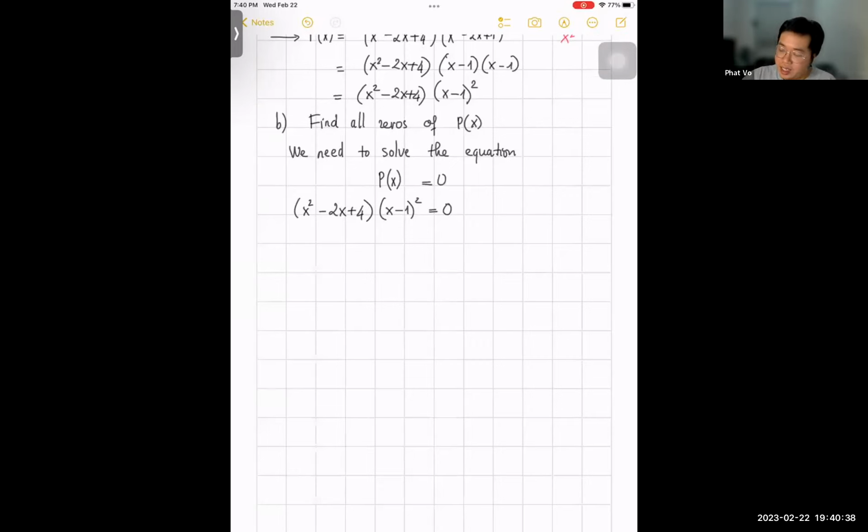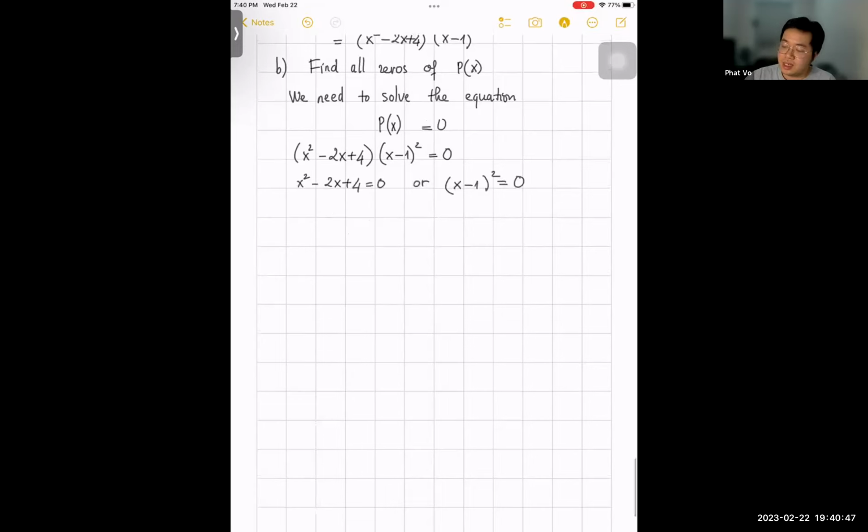So we have x^2 minus 2x plus 4 is 0, or (x minus 1)^2 is 0. We can solve this equation first because it's easier. (x minus 1)^2 is 0 means x minus 1 is 0, and after that you get x equals 1. So that is the first zero.